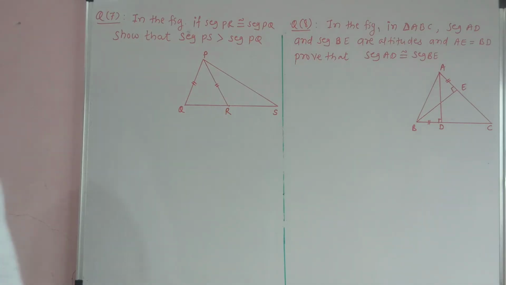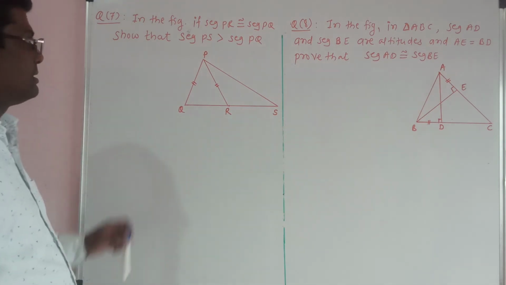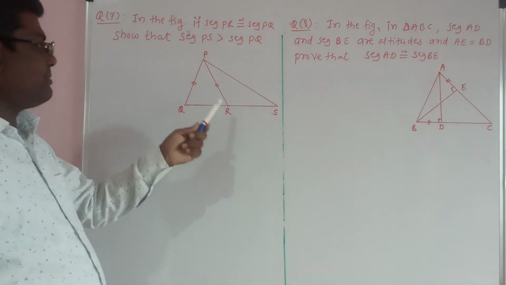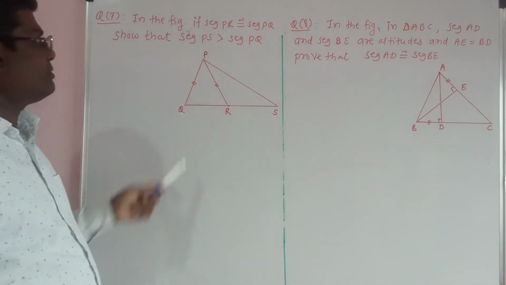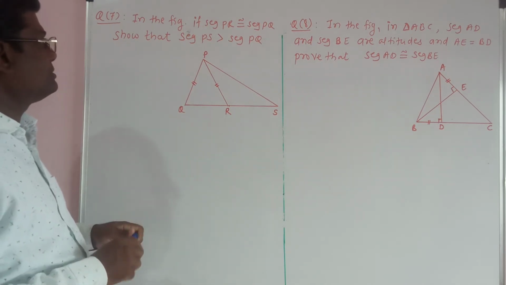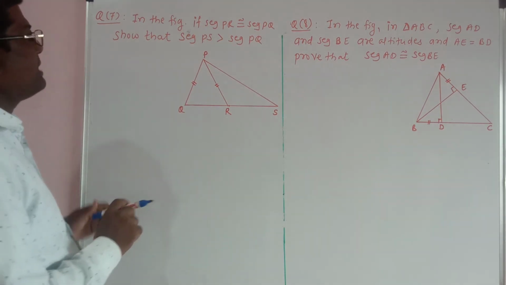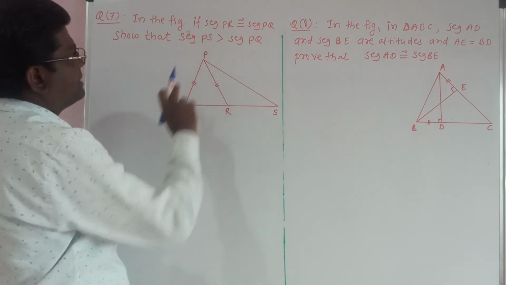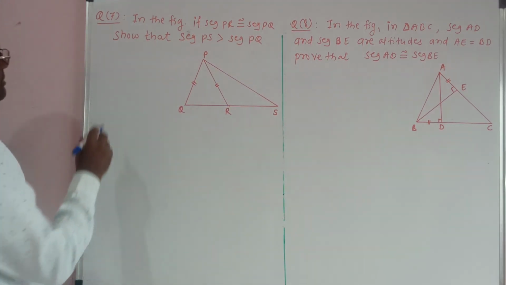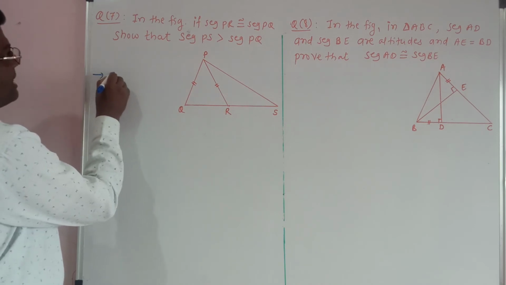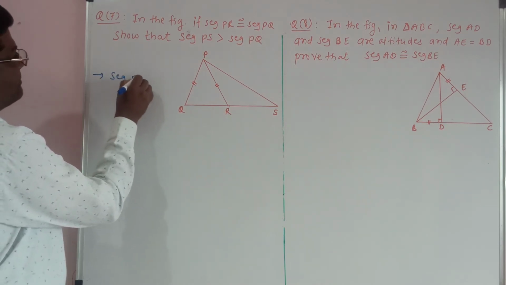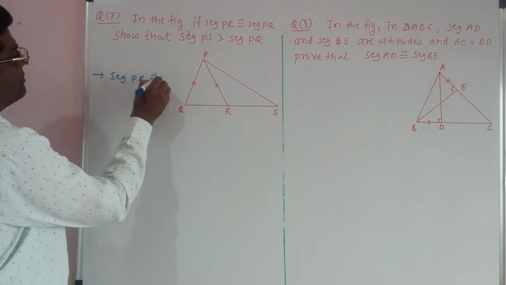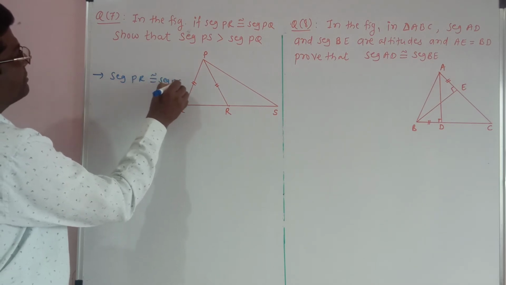Number 7. In the figure, if segment PR congruent segment PQ, show that segment PS greater than segment PQ. Now it is given that segment PR congruent segment PQ.